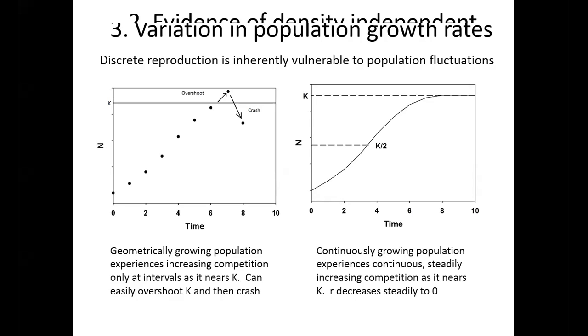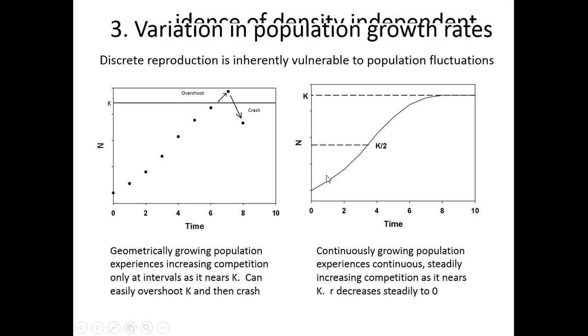All right, so on the left, the geometrically growing population has a reproductive event once a year. And so in year 1, here's your reproductive event, and you've increased like that. Year 2, year 3, year 4, year 5, year 6, and then notice that in year 7, this population overshoots its carrying capacity. Contrast that to the pattern in the exponentially growing population.